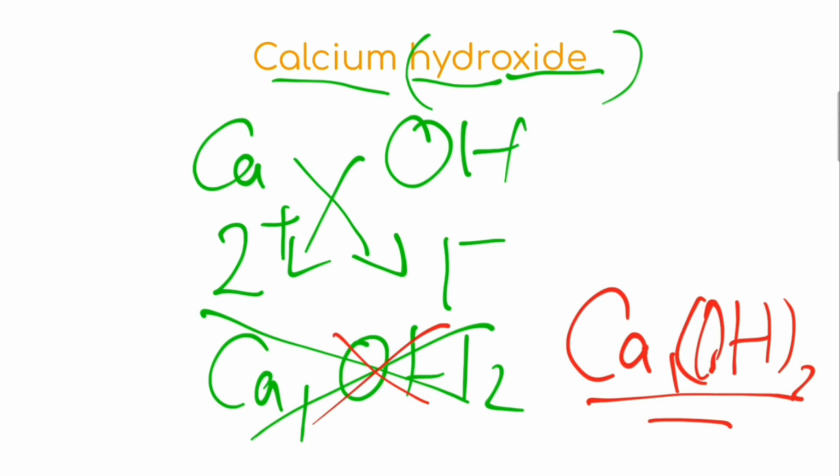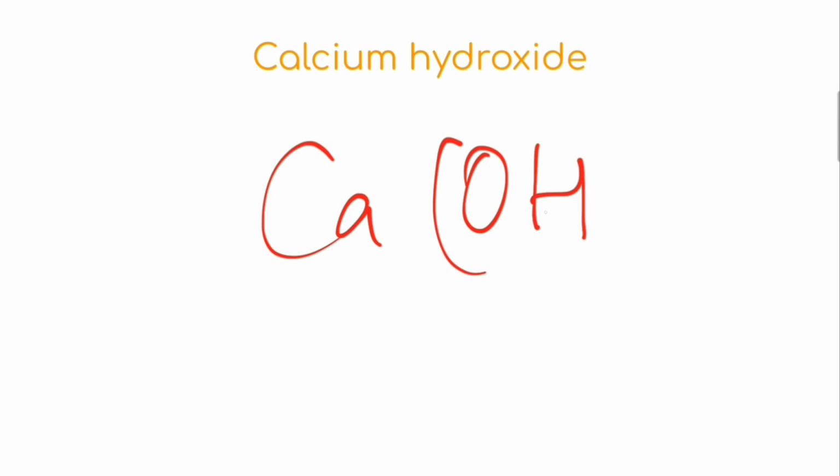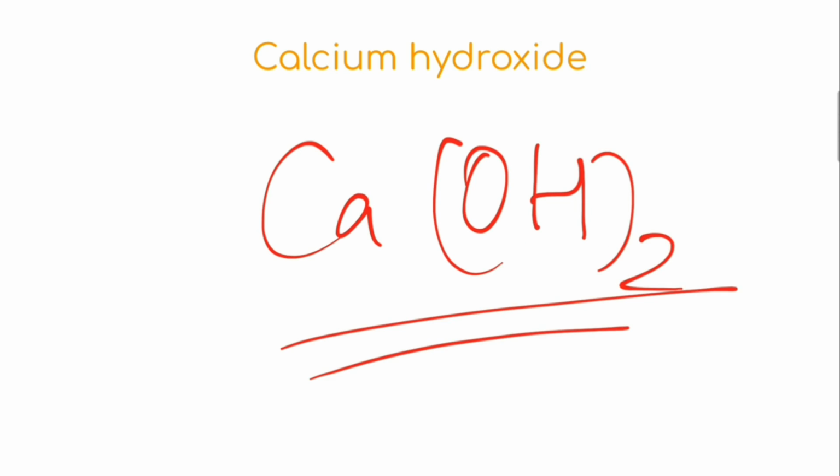How do we spell it? We spell it like CaOH twice because you have 2 here. The final formula is Ca(OH) in bracket twice.